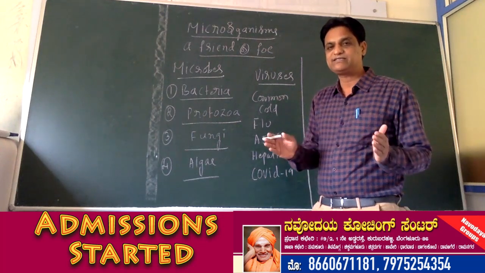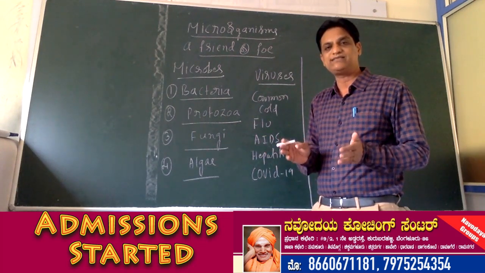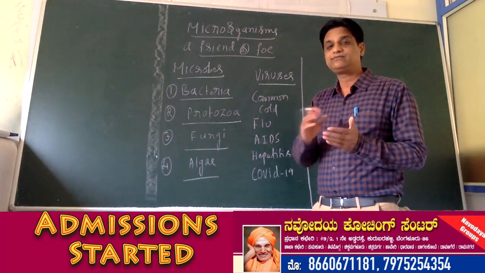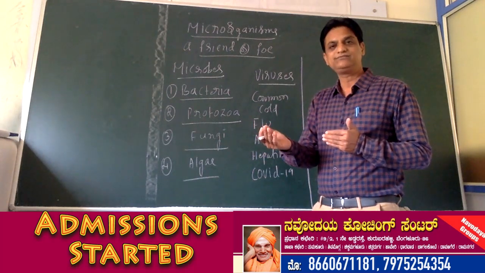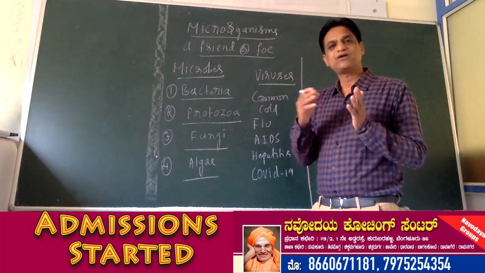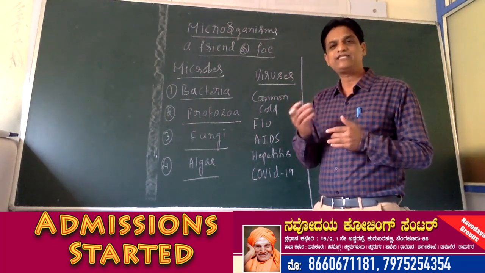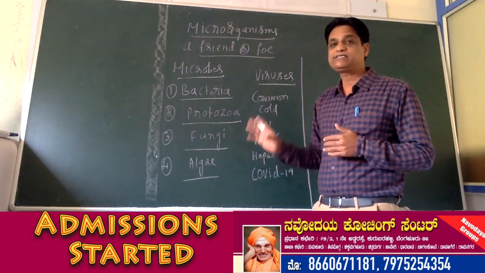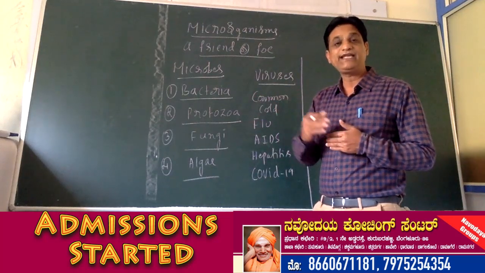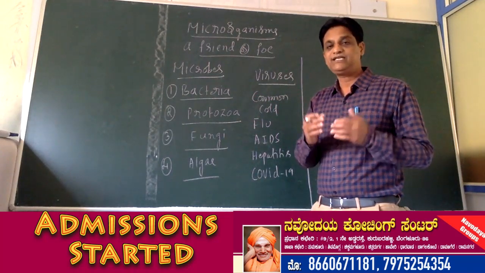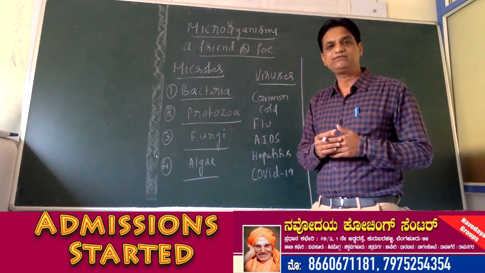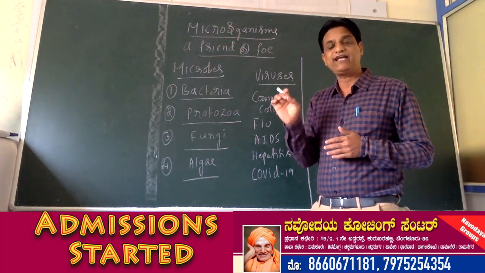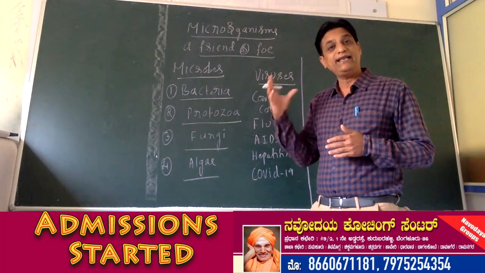So viruses are another important group of microorganisms, but they are studied separately. They are not included in any of the five kingdom classification. In the five kingdom classification, all living organisms are grouped based on characteristic features. I think you know about the five kingdoms: kingdom Monera, kingdom Protista, kingdom Fungi, then plant kingdom and animal kingdom.